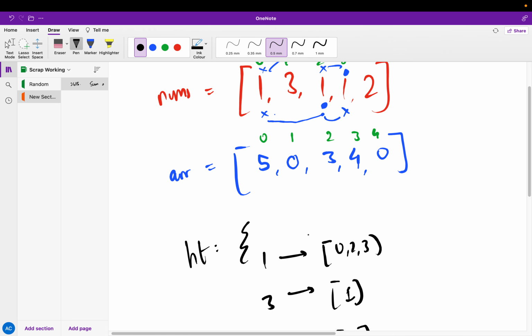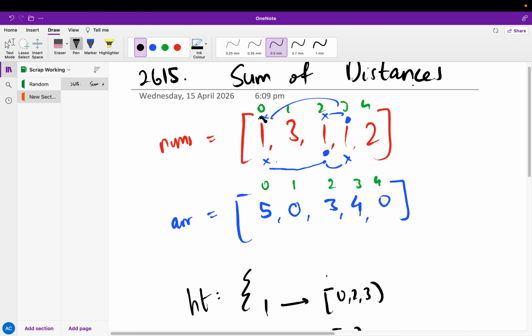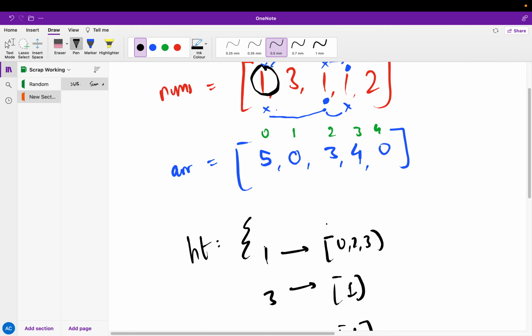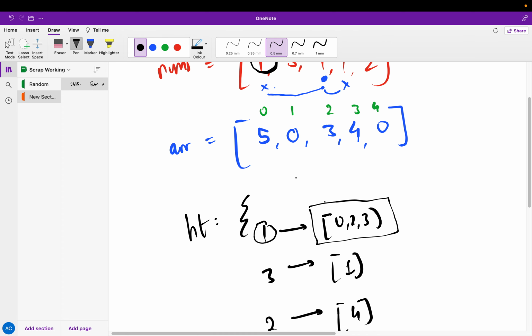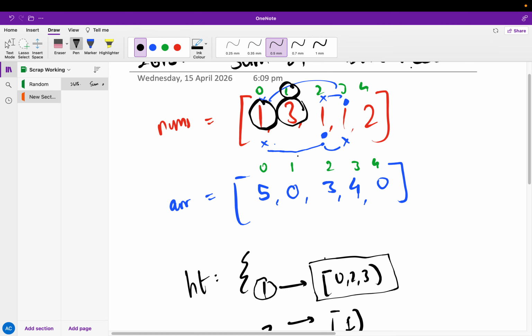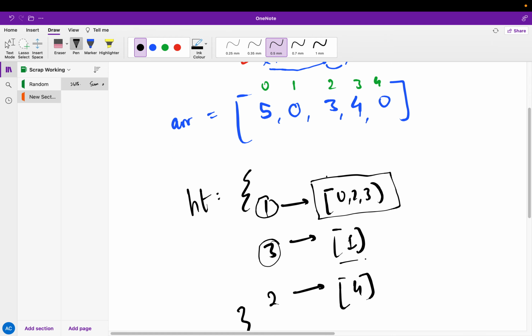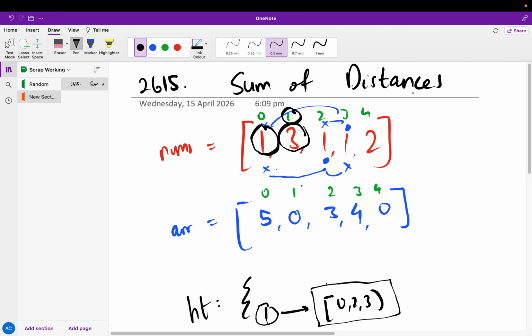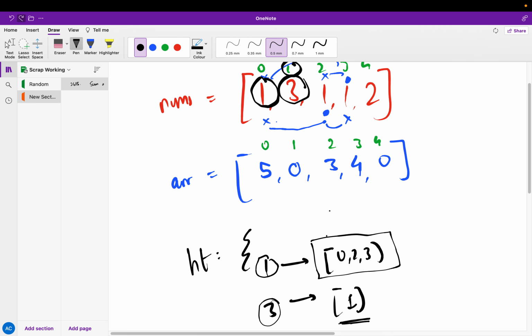maybe this isn't so helpful actually. For each index, I find what the number is, and then from that number, I'm able to find all the positions that have the same element. So if I look at a particular position and I see it's a 3, and I look up 3 and I see there's only one index, then I know that there has to be a 0 in the array because there's no other elements to do this distance thing with.